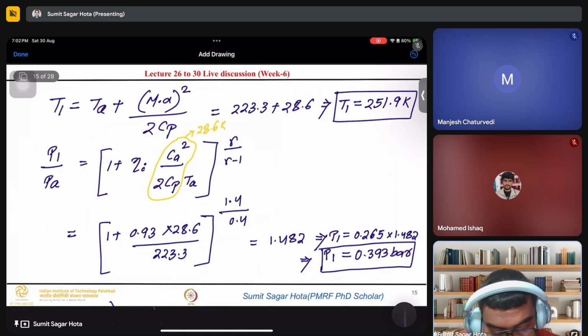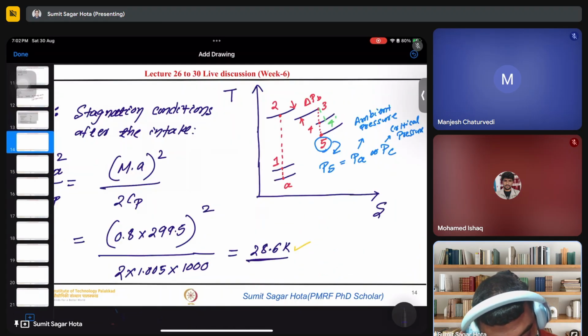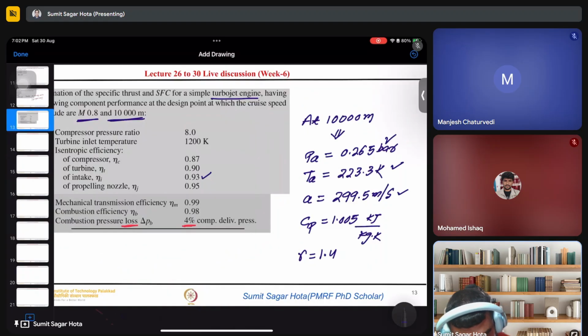Now let's find out P2. If you notice in the picture, the TS diagram, the 1 to 2 process is a compression in the compressor. For the 1 to 2 process, one thing is already given, which makes it easier: the compressor pressure ratio, which is 8.